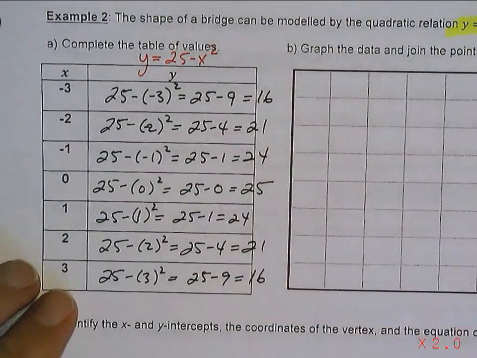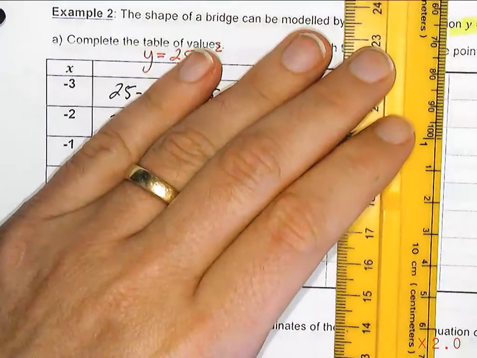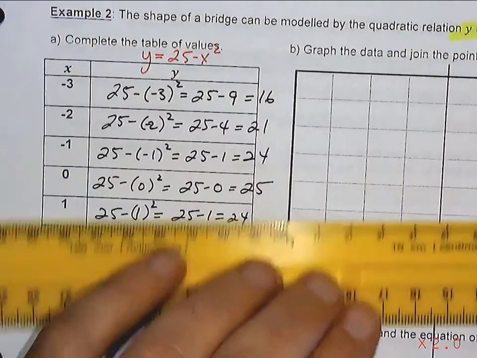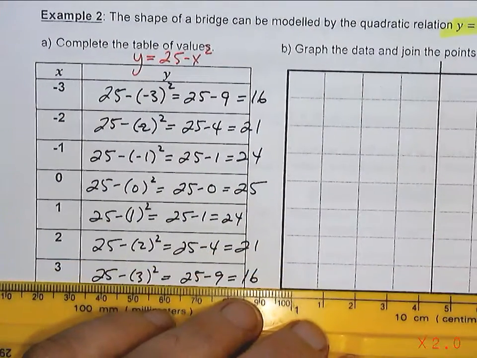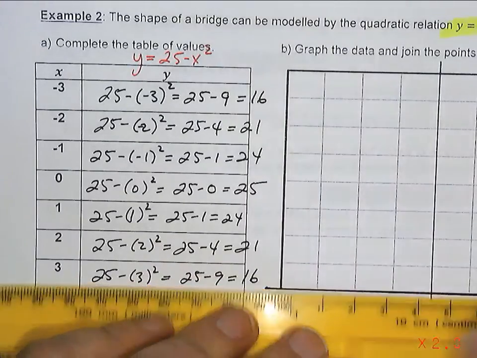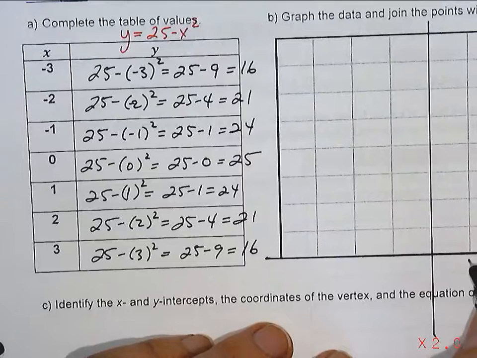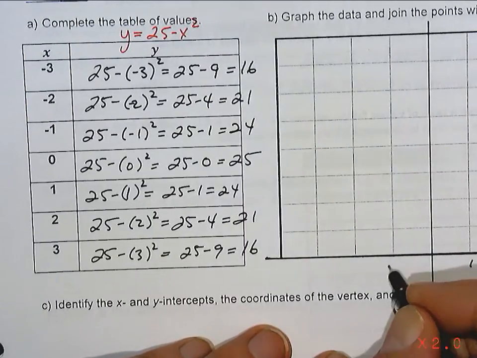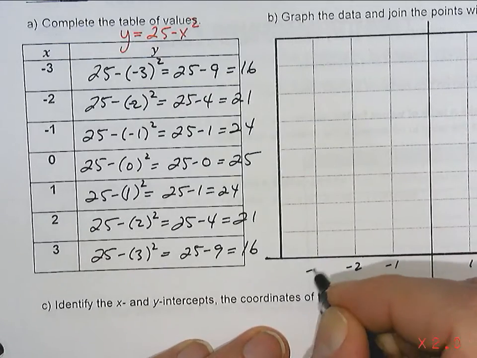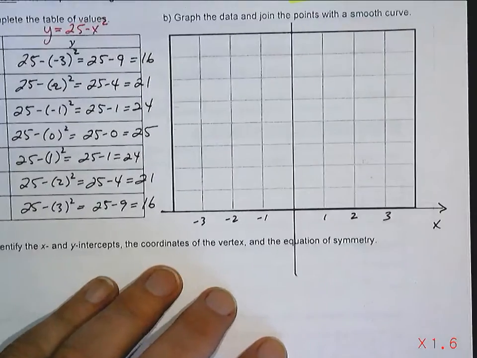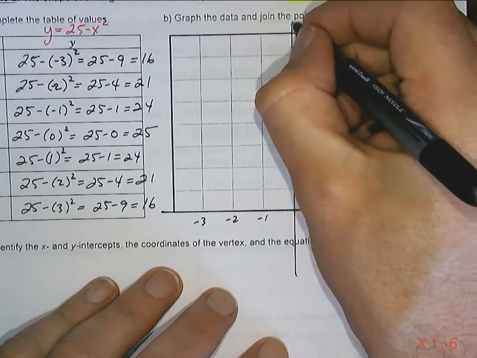So why don't we put my axes here. Why don't I make this positive 1, 2, 3. Make this negative 1, negative 2, negative 3. So this is my x-axis. I'm going to zoom out a little bit. This is my y-axis.